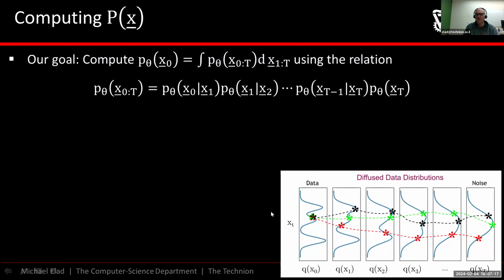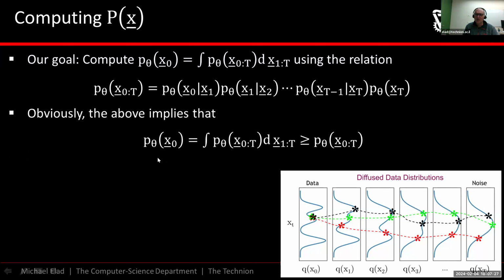So here is the first simple answer. It says, you know what? Yes, p theta of the complete path is easy to compute. So go ahead and compute it. And it is a lower bound on the true probability, because instead of accumulating all the paths, just give me the one that brought you to x0. And it makes sense. Why?